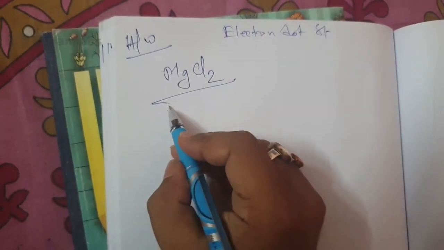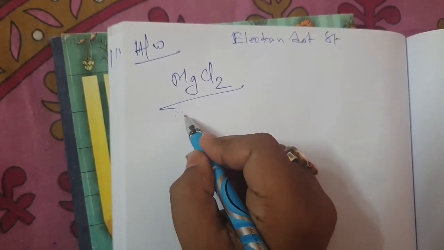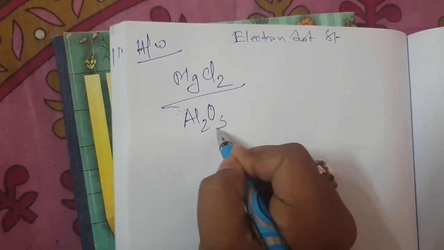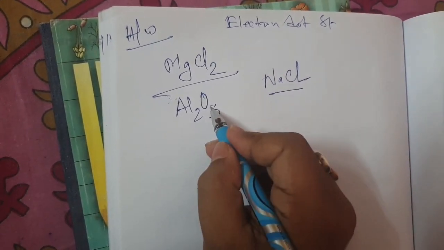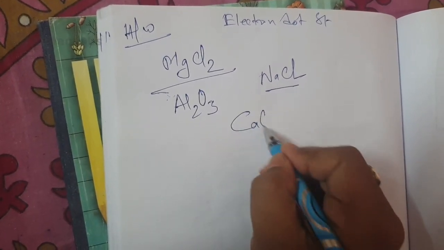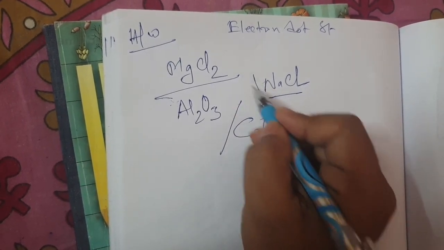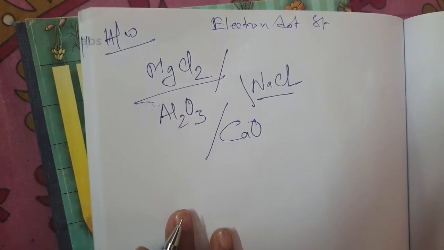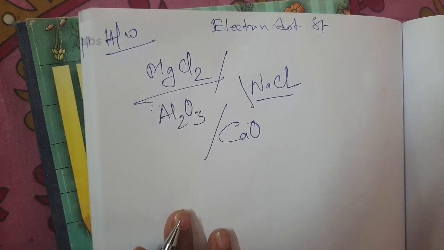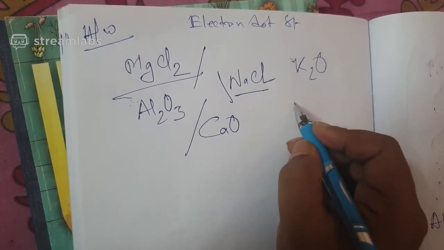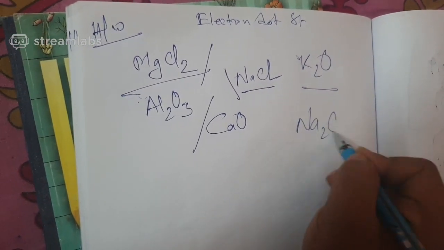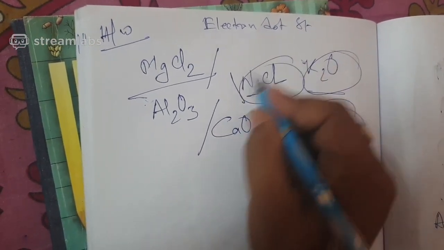MgCl2, Al2O3, NaCl, CaO, K2O, and Na2O. Do this much, and I'll be happy with your electron dot structures.